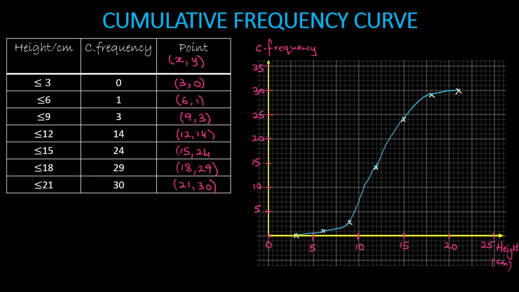Let us see. Here, the number of plants is 30, and 30 is an even number. The total is even here. So, the median is Q2. Let me write it, median.